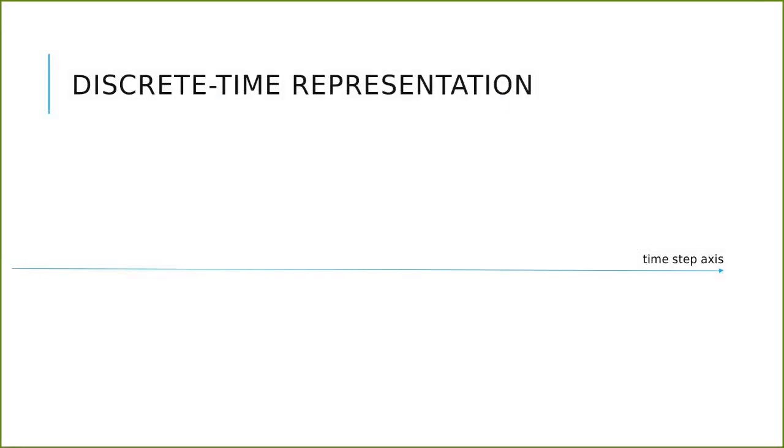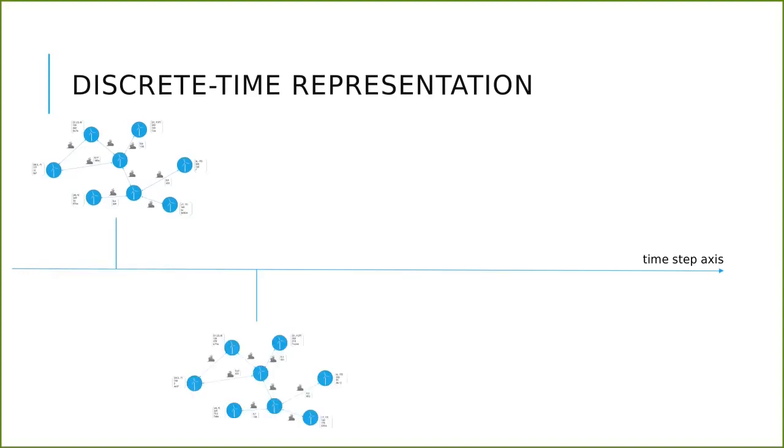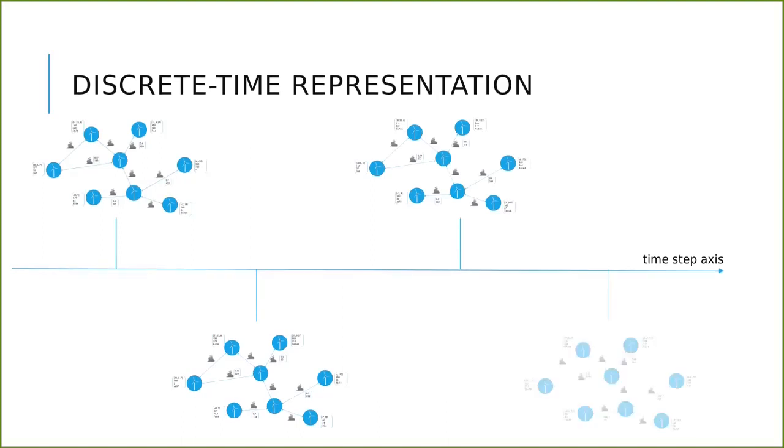The most commonly used representation is the so-called discrete-time representation, which, given an axis of time steps, is nothing but a sequence of complete graph snapshots. At this point, I also want to emphasize that the snapshots are not time-stamped, so we just know the order of the graph snapshots.